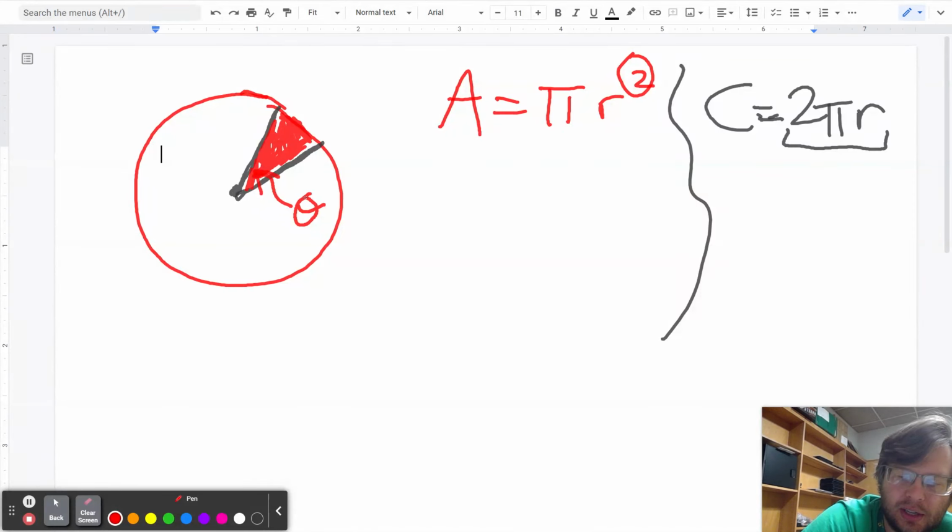I like to think of it as a little zero with a comb over. Or sometimes they'll use the letter alpha, which is like a little fish. Sometimes they'll use the letter x. It doesn't matter what letter you use. All we're saying is we've got a certain angle. Instead of looking at all 360 degrees of the circle, we're just looking at a certain angle.